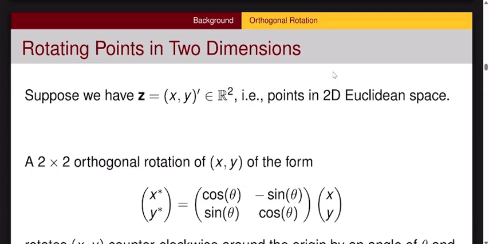Now I want you to take a look at what makes it possible for us to have data reduction by means of principal component analysis.